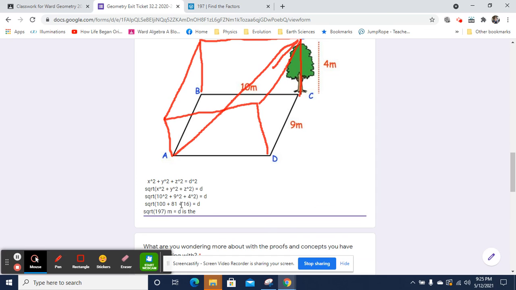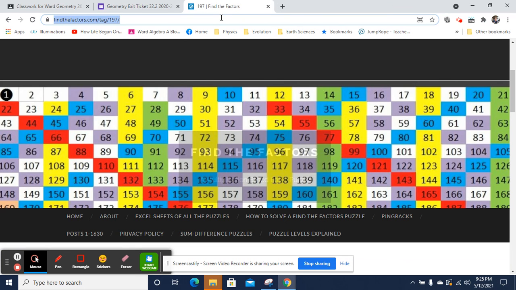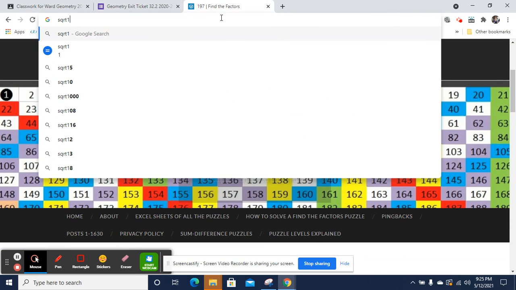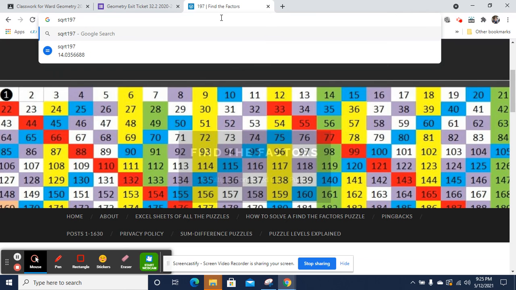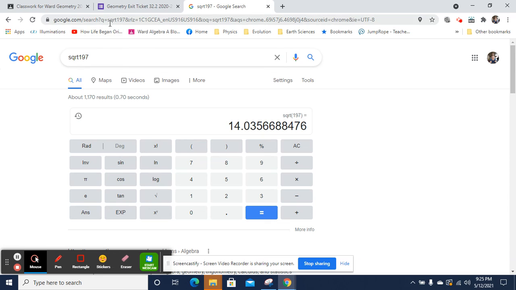But you have heard me say that sometimes when you're actually measuring something, you need to get an estimated answer. I'm going to use a calculator to do that. So the square root of 197, it's a little more than 14, because 196 is 14 squared.